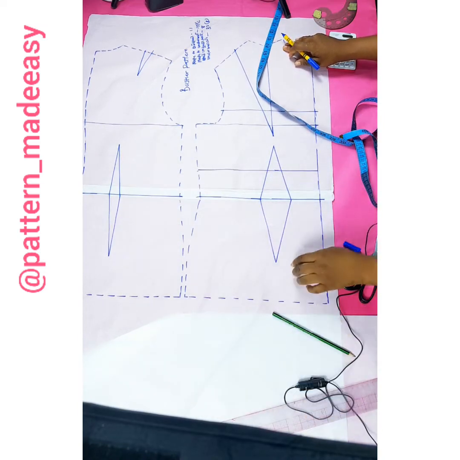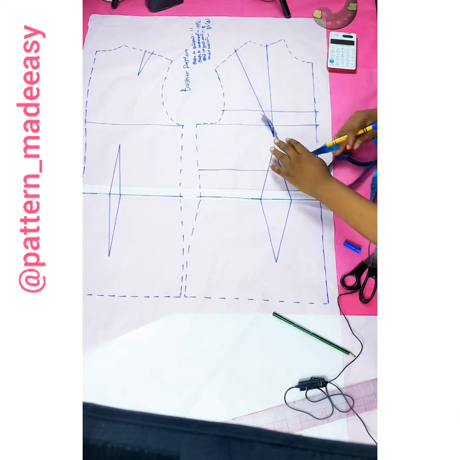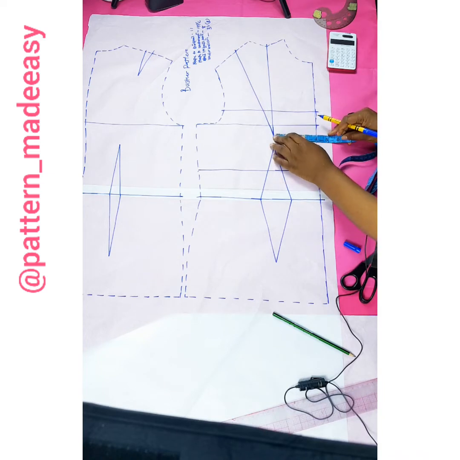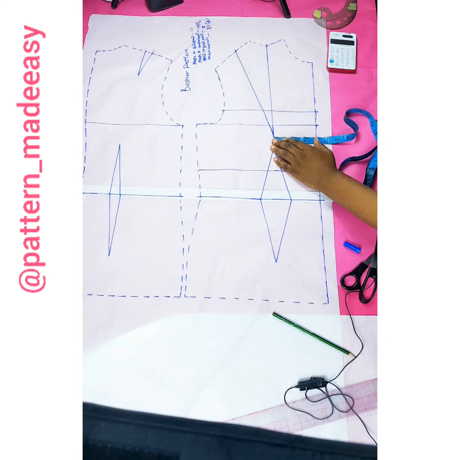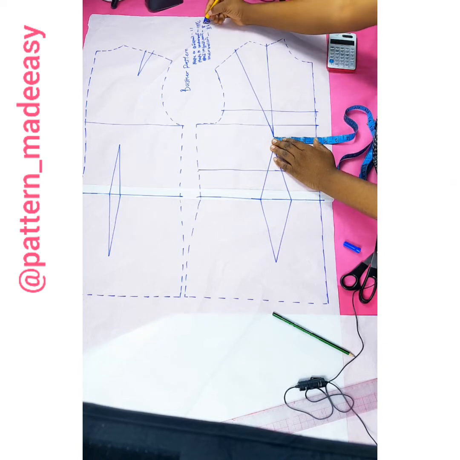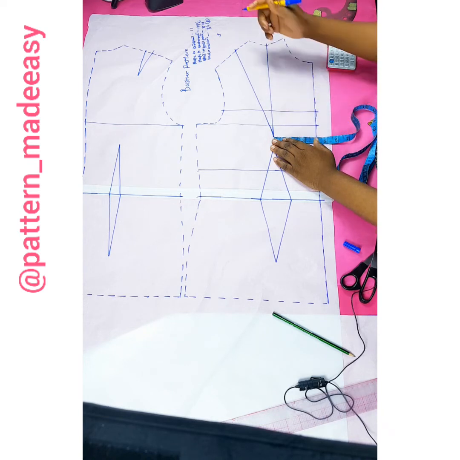After this, the next is the bust point to bust point. From the central front, I'll measure 4 inches and it is perfect. But note, if you are working with a bust point to bust point of 10, half of it is 5. Half of 8 is 4, so we are using 4 for our illustration.